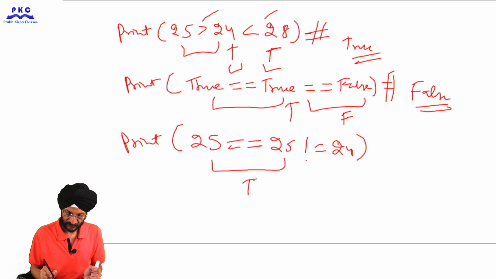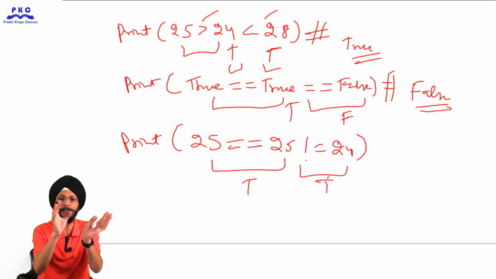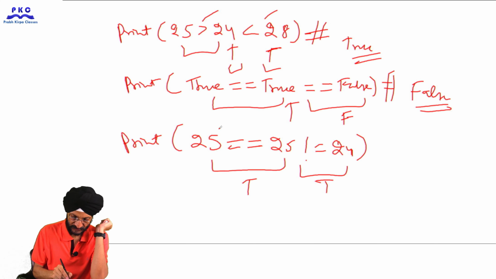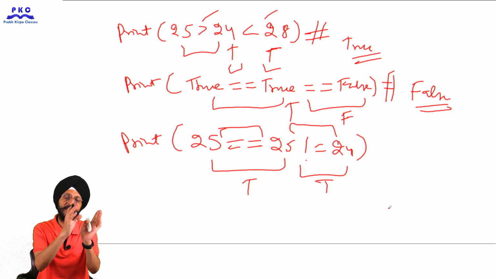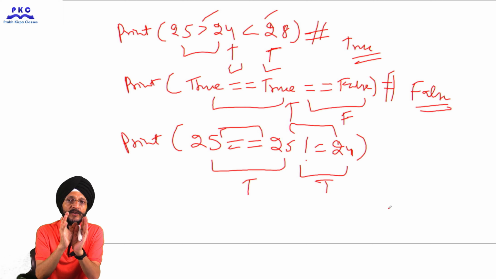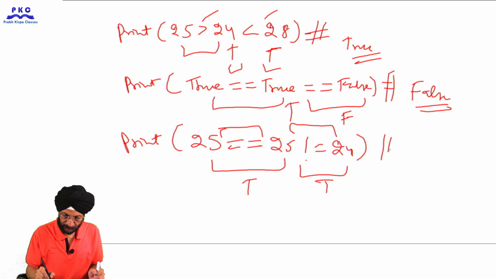It is true. 25 not equal to 24. It is true. It is also a chained comparison. This is the first comparison. This is the second comparison. Two comparisons are there. So in case of chained comparison, if both the comparisons are true, only then the final outcome will be true.